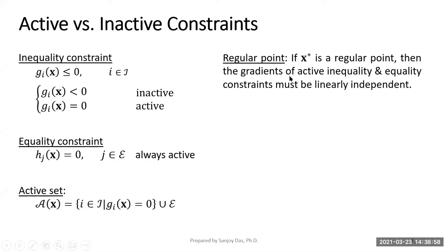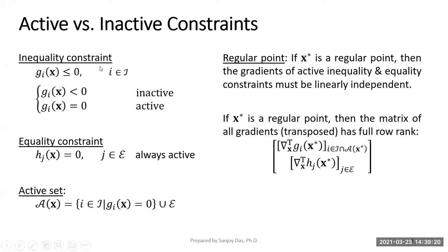A point x star is a regular point if the gradients of the active inequality and equality constraints are linearly independent. So for each of these g_i of x, we have a gradient. These are all the active constraints: i belonging to the inequality constraints intersected with the active constraints.